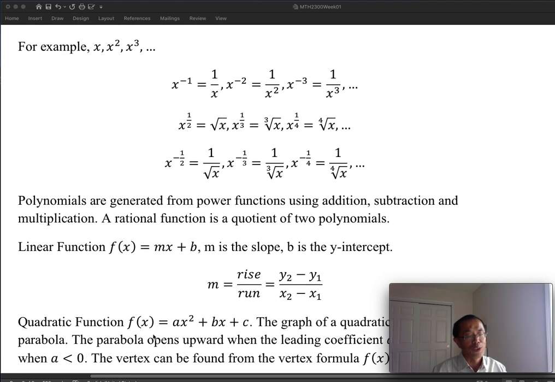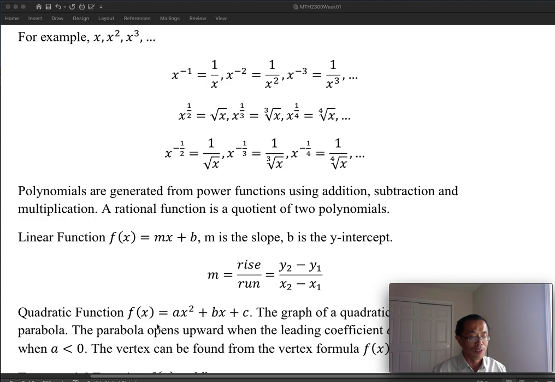We may also have quadratic functions, generated by multiplying x squared by some number, then adding more terms. And we could go further, to third degree polynomials, fourth degree polynomials. In general, polynomials are generated from power functions using addition, subtraction, and multiplication.